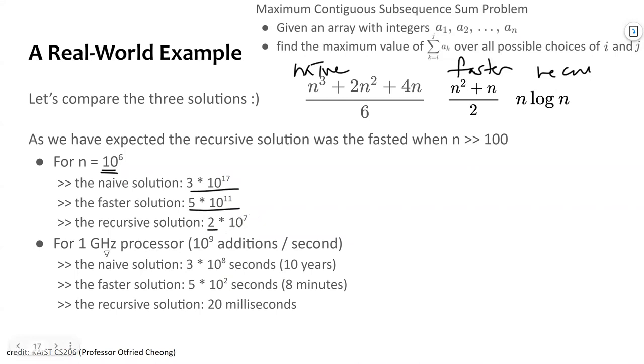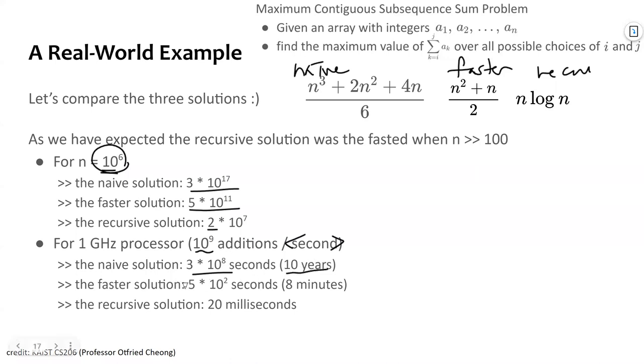For a 1 gigahertz processor, this means it could perform 10 to the power of 9 additions per second. So when n becomes 10 to the power of 6, the naive solution requires 3 times 10 to the power of 8 seconds. This is the same as 10 years.